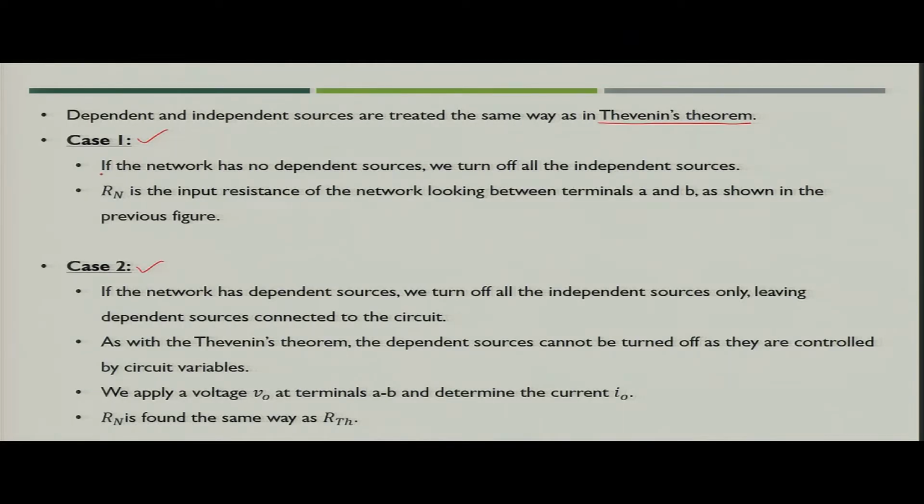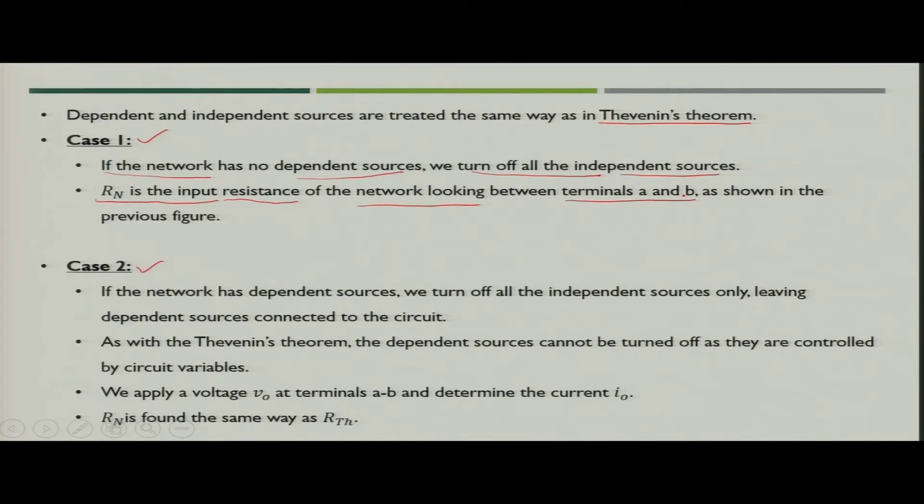The first case is when the network contains no dependent source. In that case, we simply turn off the independent sources. Now, what would be the value of R n? R n would be nothing but the input resistance of the network looking between the terminals A and B.